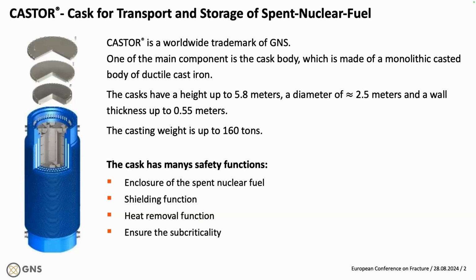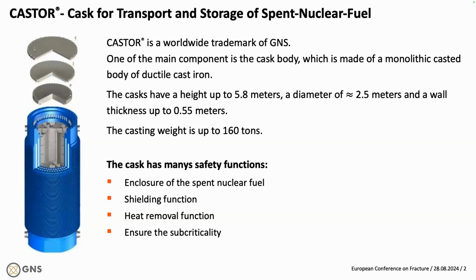We are talking about a cask for transport and storage of spent nuclear fuel, and the cask, the Castor, is a worldwide trademark of my company, the GNS. And one of the main components is the cask body, and this is made of ductile cast iron.